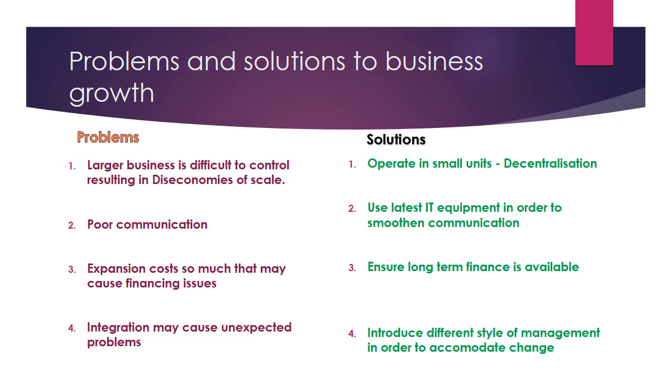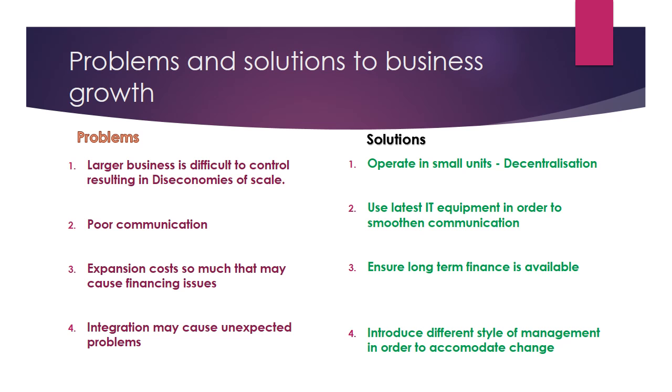So this creates overlapping of expenses and creates wastage. So this creates diseconomies of scale. Now, one of the solutions could be decentralization, where you tell the individual small units to have their own freedom of decision making, which reduces the risks of taking wrong decisions.